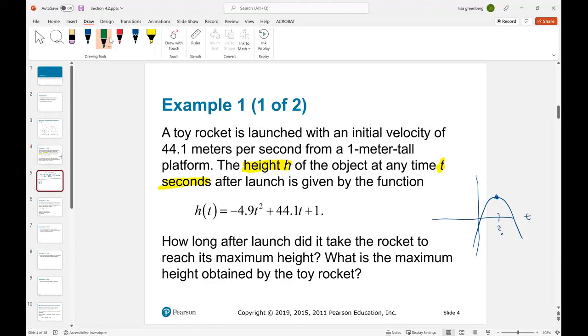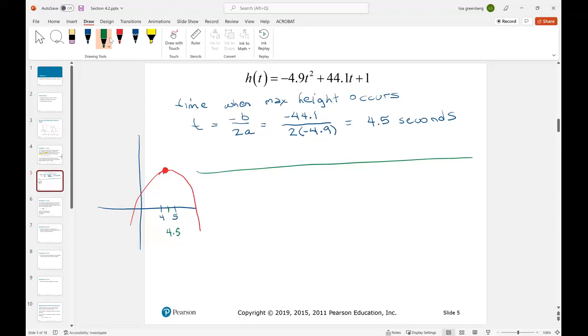Now I need to know what the height is at 4.5 seconds, because that's the y value. This is time in seconds, and this axis right here is height. Actually, I think it's in meters. Okay. So I just literally plug in.